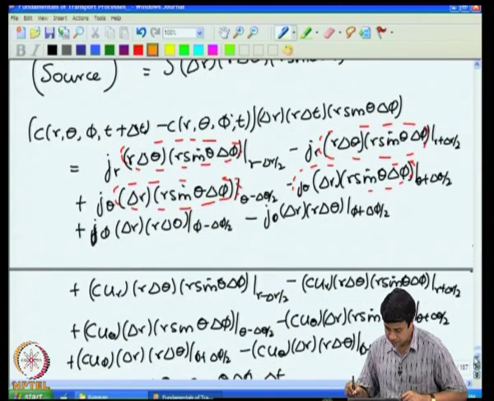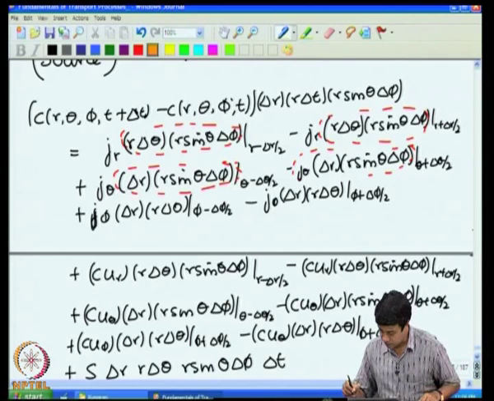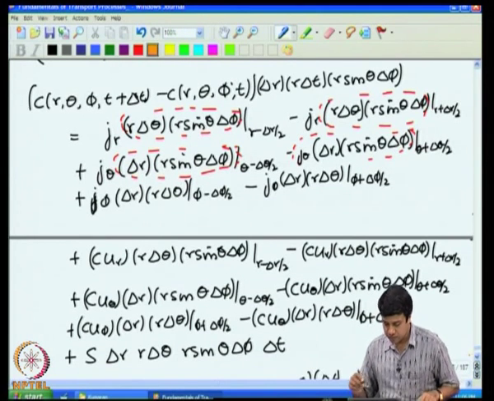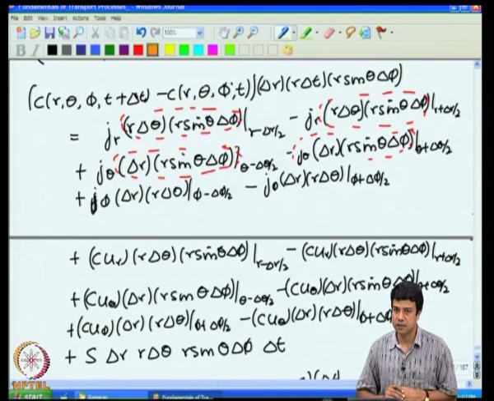For convection due to the mean velocity, the mass in and the mass out is equal to, you just substitute c times u r for j r, c times u theta for j theta, and c times u phi for j phi. Note, j r, j theta and j phi are the fluxes along the r, theta and phi directions at a given location.